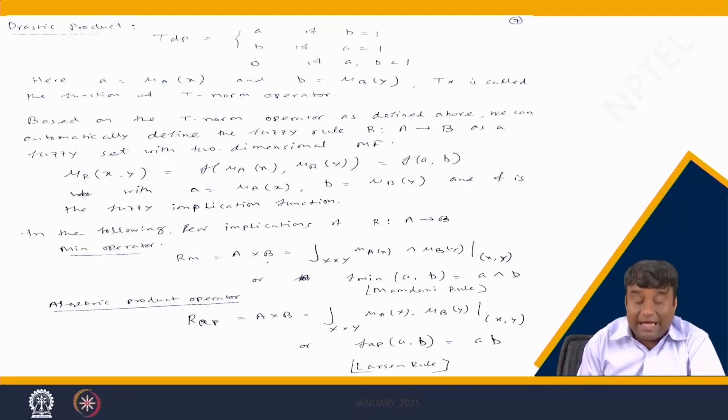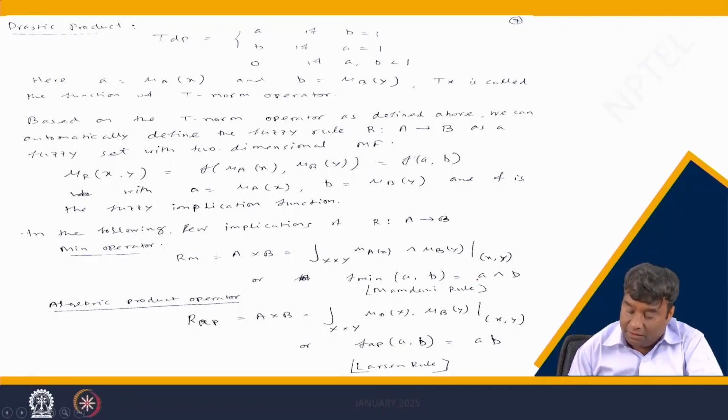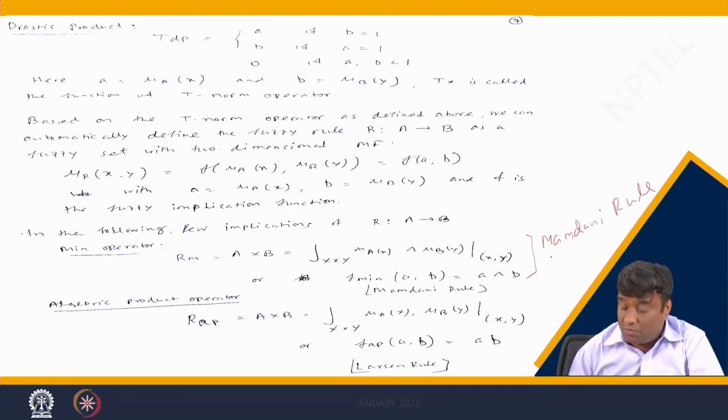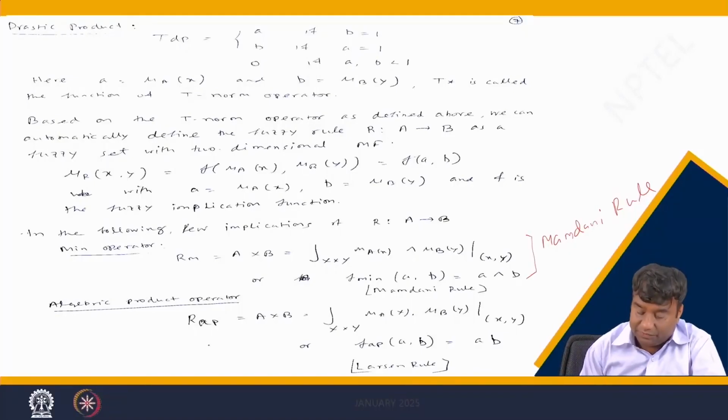So for the minimum operator, R(A, B) on X cross Y is the minimum of mu A(x) and mu B(y). This is given by Mamdani, so that is known as the Mamdani rule. Please remember, several times we will use the word Mamdani in fuzzy sets.